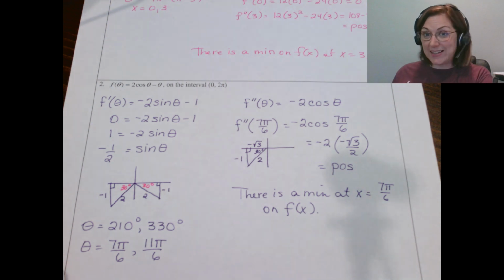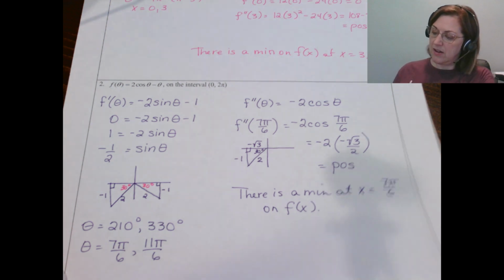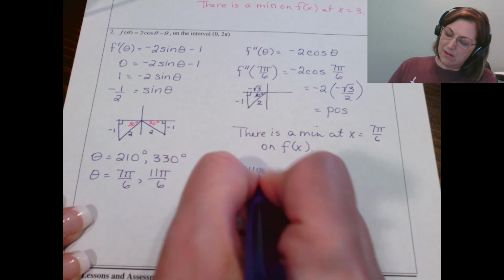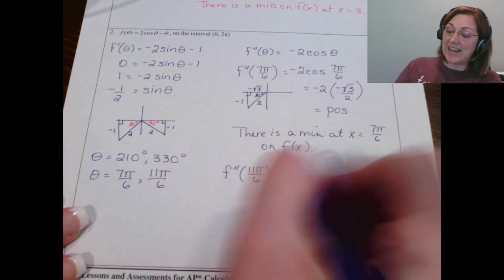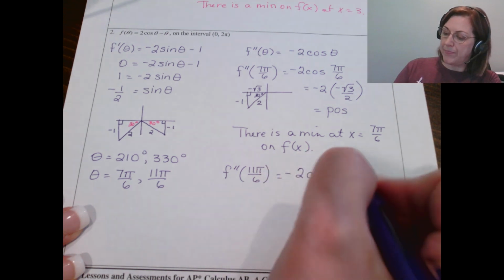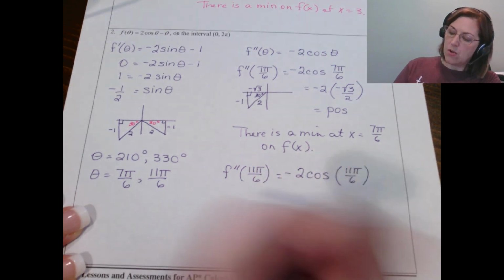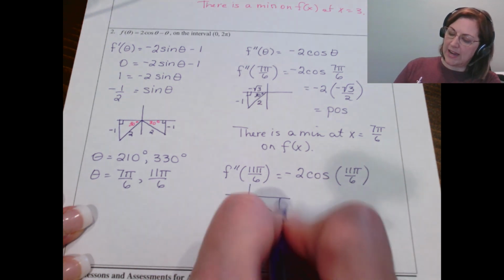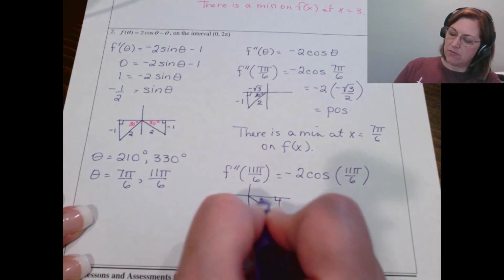Let's go test the 11 pi over 6 as we finish up. We're plugging it into the second derivative. Very important there that we plug it into the right one. We're in quadrant 4. Again, I got a 30-degree reference angle.